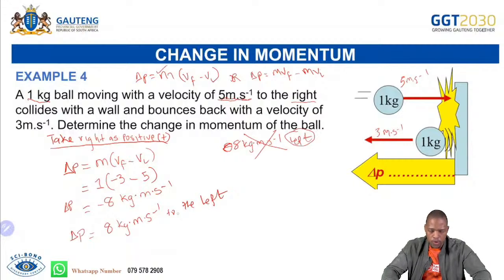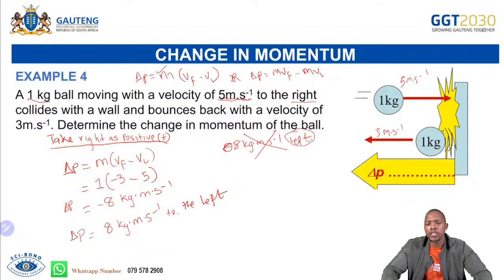We've done examples of how to calculate. We've said momentum is a vector. It is a vector because of velocity. And if momentum is a vector, when we do calculations relating to momentum, it is extremely important that we always start by taking direction, so that at the end we'll be able to conclude and get the correct answer.